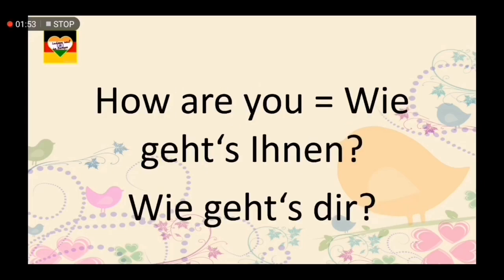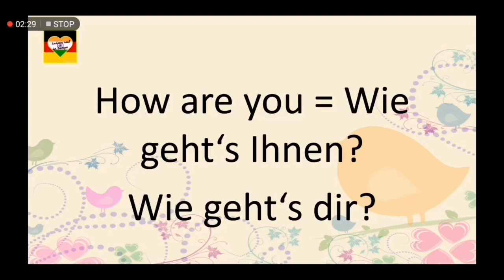If you want to ask how are you, you say Wie geht's Ihnen? Wie geht's dir? In German, there is a formal word for you. It's called Sie, and the informal one is called du.